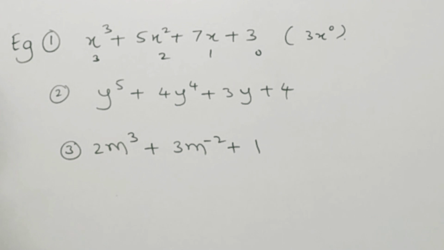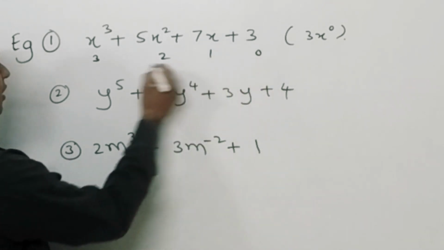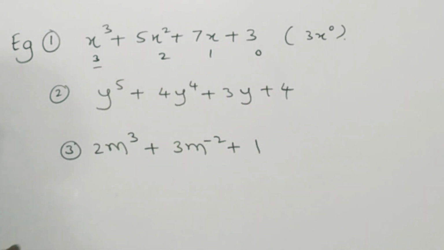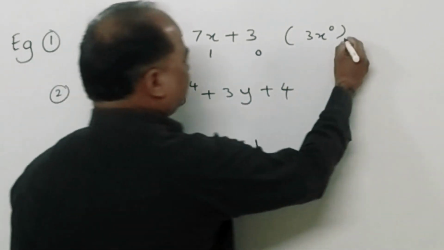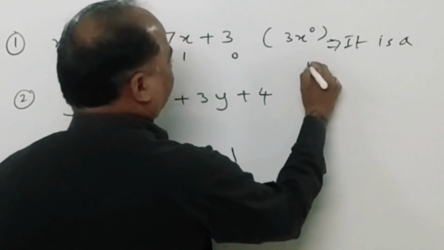Now an algebraic expression whose index is a whole number is a polynomial. So here 3, 2, 1, 0 are whole numbers. So the given expression is a polynomial.